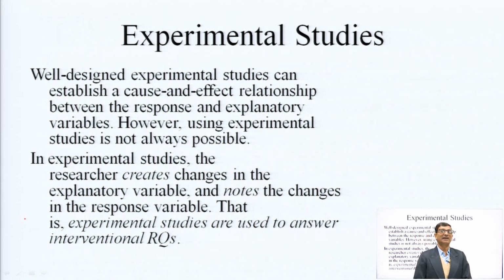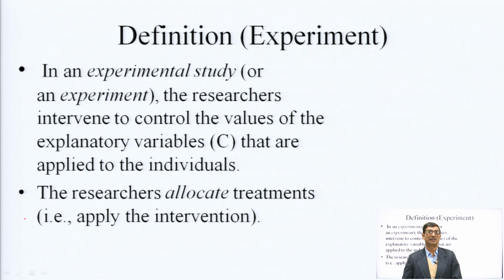In experimental studies, the researcher creates changes in the explanatory variable and notes the changes in the response variable, that is, experimental studies are used to answer interventional questions. As we find here, the cause and effect relationship between response and explanatory variable, we answer the interventional research questions.